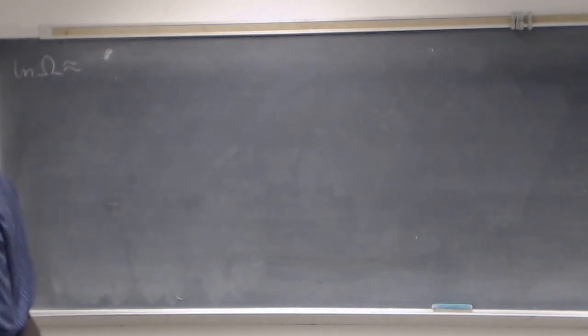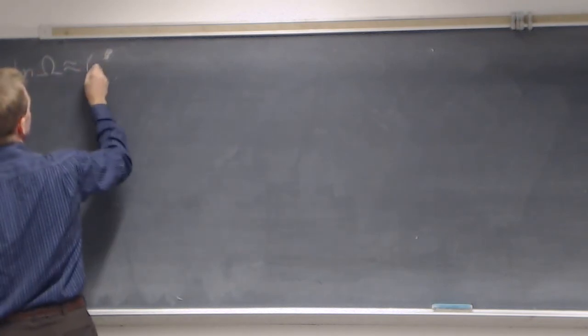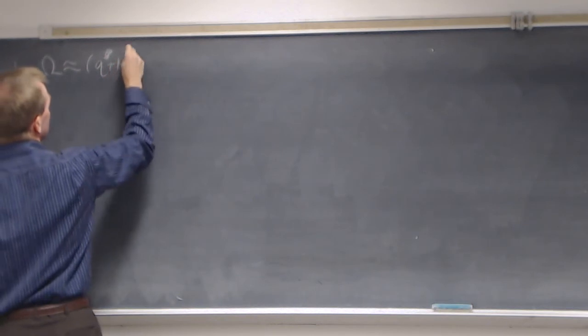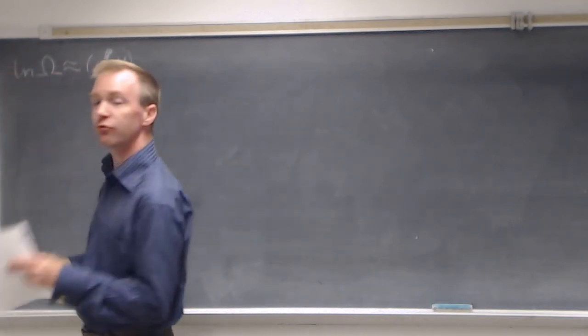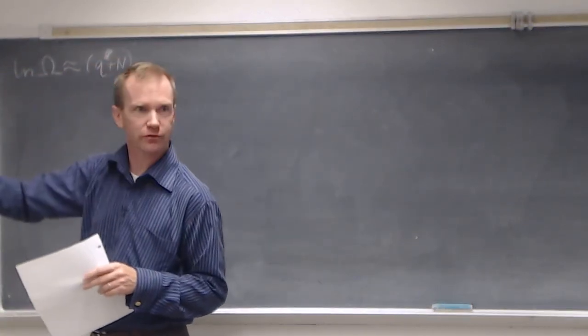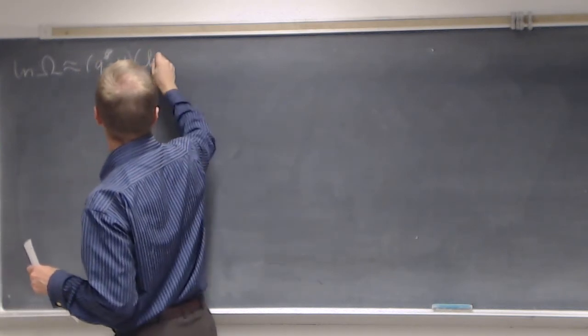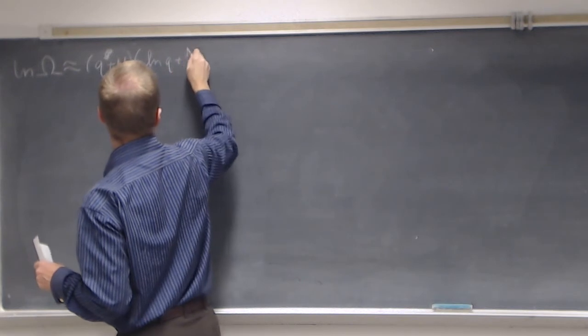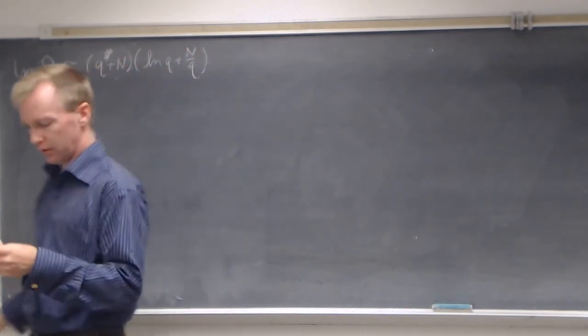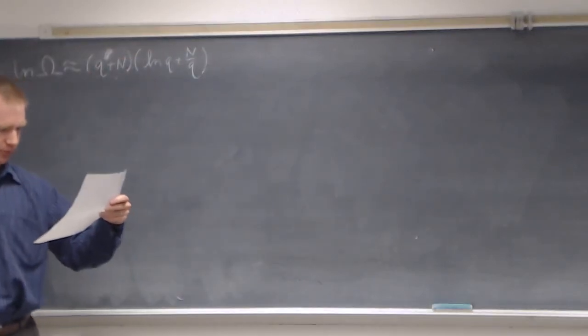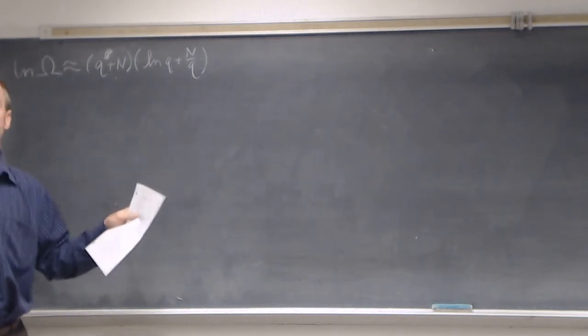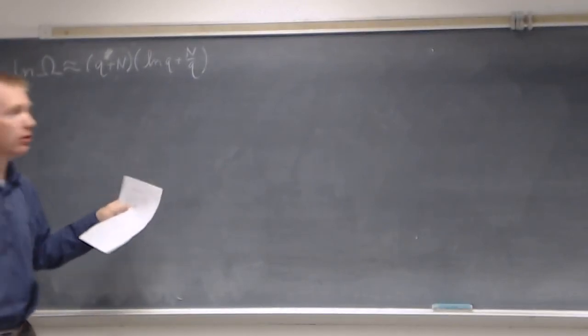Okay, so we've got (q plus n) times what was the natural log of (q plus n). Now we've approximated that as log q plus n over q minus q log q minus n log n.